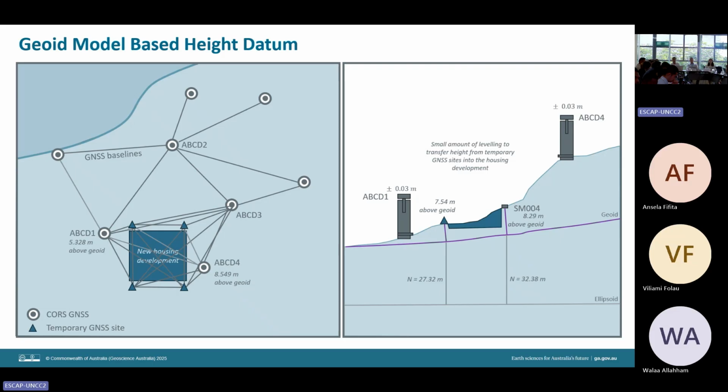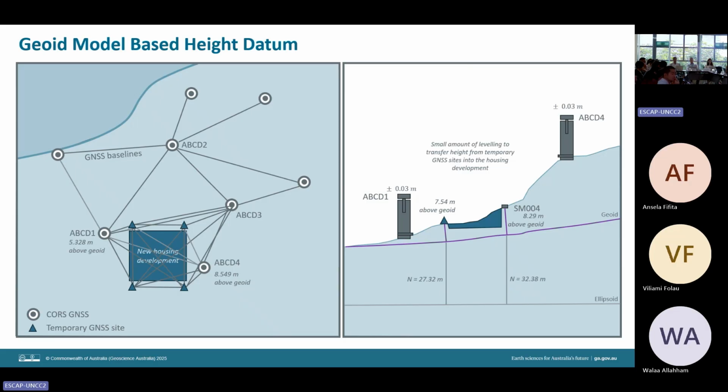For example, to set precise construction benchmarks or develop a local height network, the geoid and GNSS system provides a fairly reliable starting point that you can then level away from. So surveyors can use GNSS and the geoid model to fix an absolute height at a few key locations, from which they can then run short, high precision leveling loops.